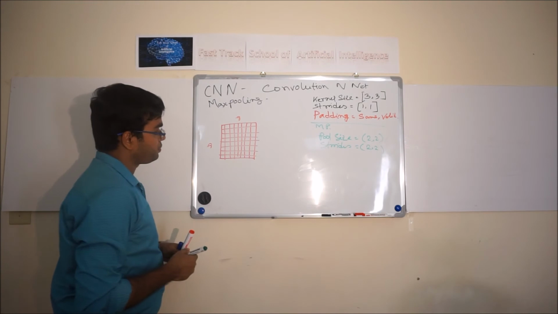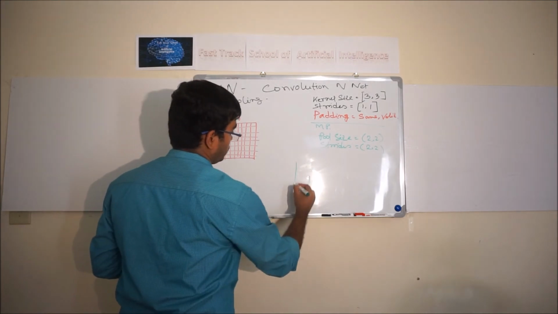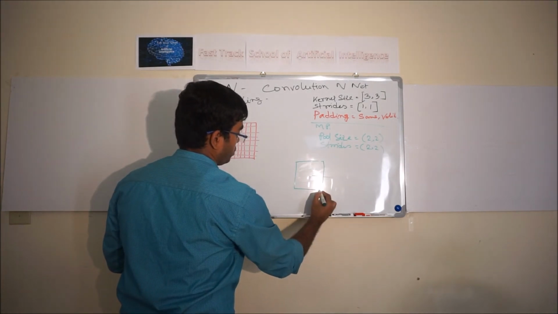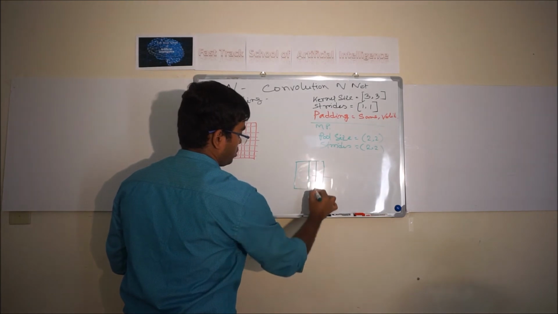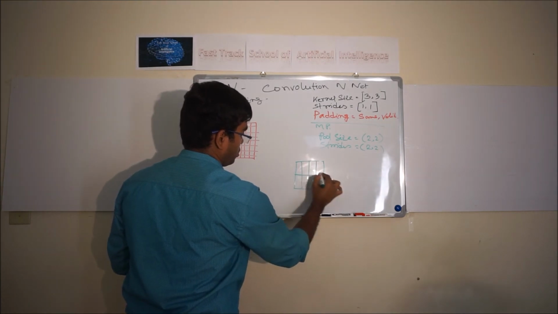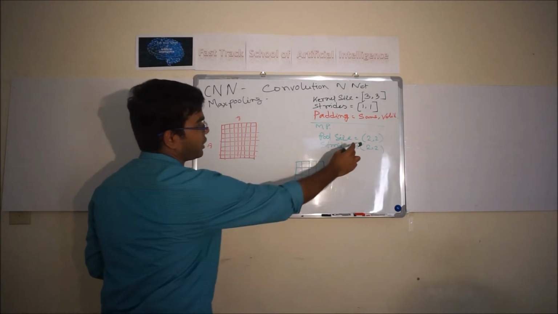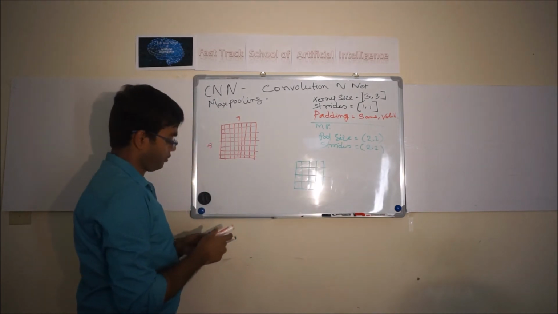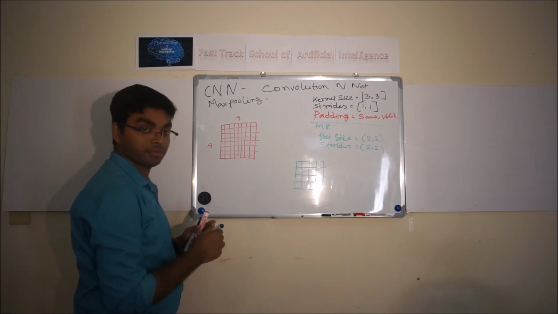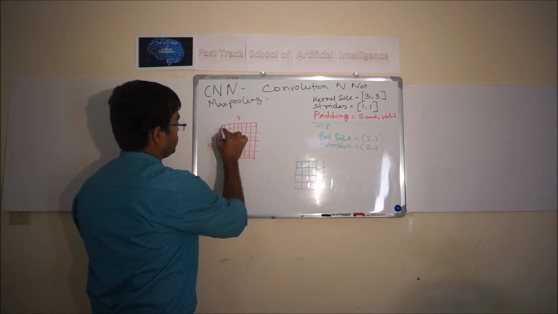How it works, and assume this is the output image. It is going to select a 2 by 2 patch from here. This is 2 rows and 2 columns.